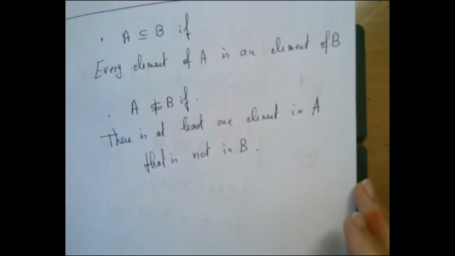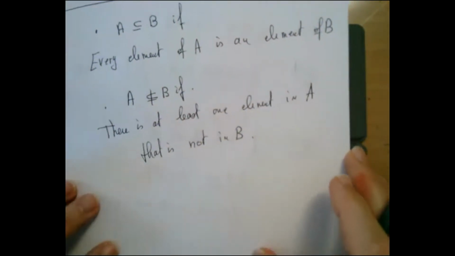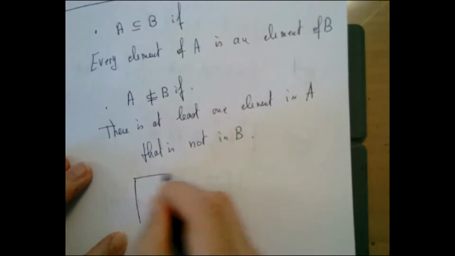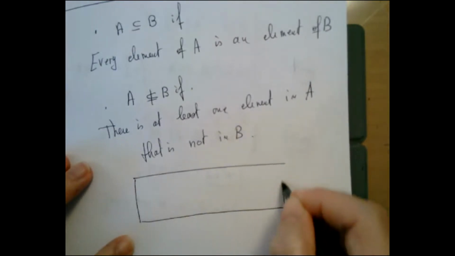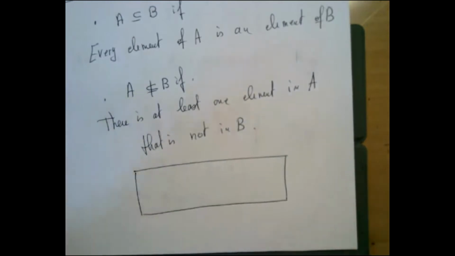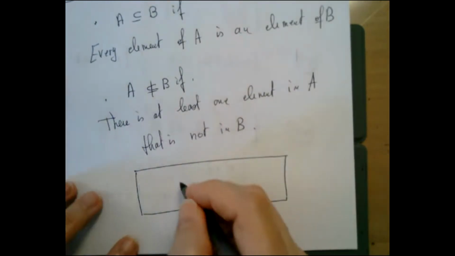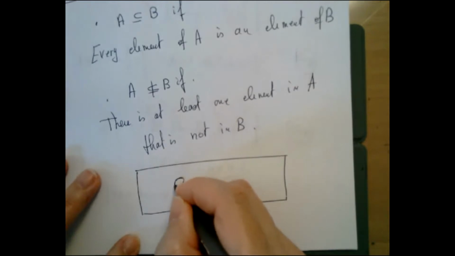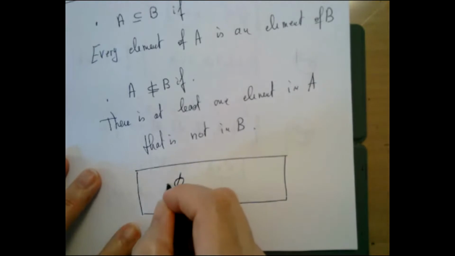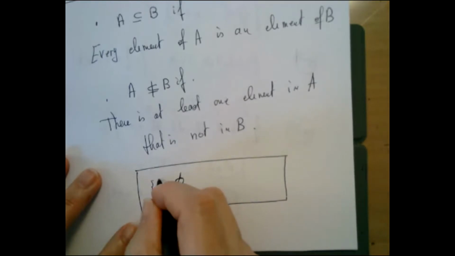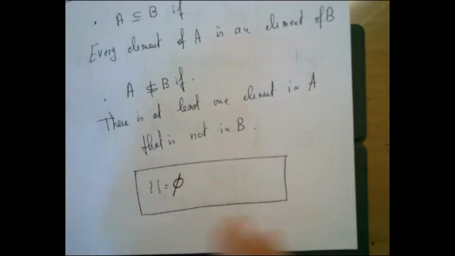Now, there is a fact that we will accept, and at some point I will actually tell you where it comes from. We talked last time about the empty set, which is a set that has no element. We usually denote it this way, and sometimes you see people writing it with braces.